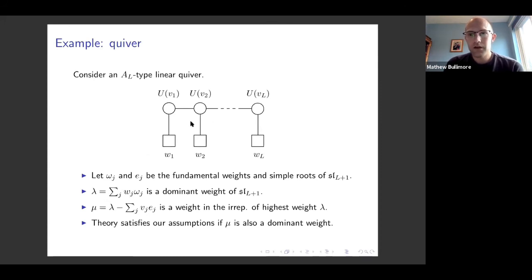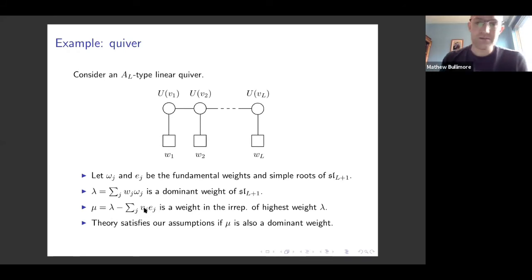And then you can encode the data of the gauge group, these V's, in another weight of SL L plus 1 by subtracting a simple root for each rank of the gauge groups here. Because I'm starting with the highest weight and subtracting roots, this is a weight in the irreducible representation whose highest weight is lambda. And there's a nice way to say which theories satisfy these assumptions, and they're the theories where mu is also a dominant weight.